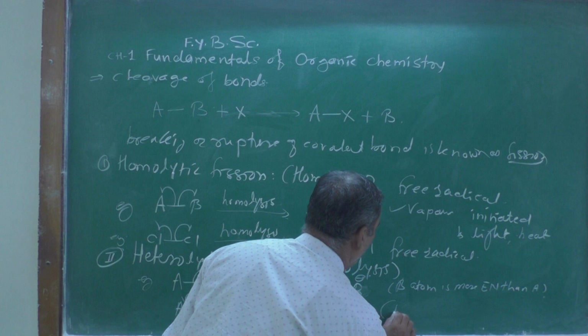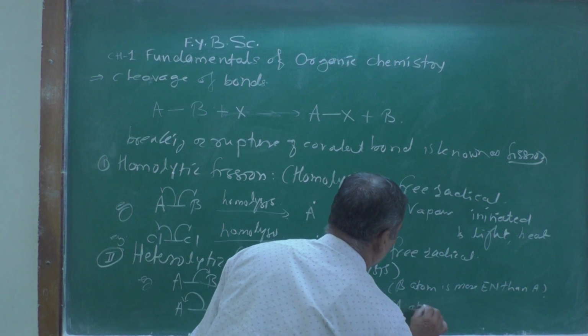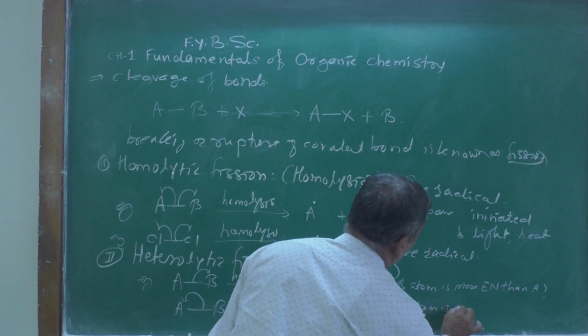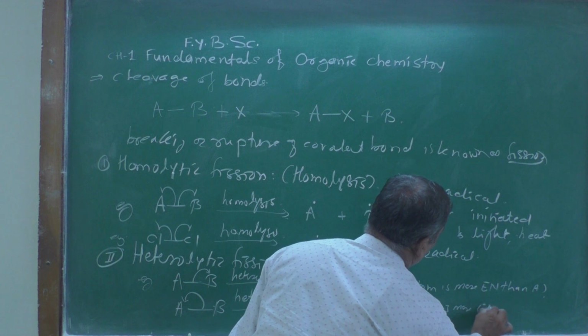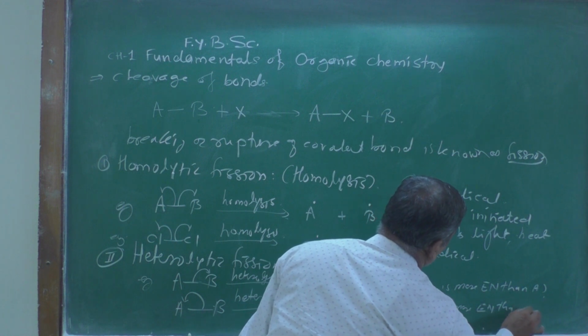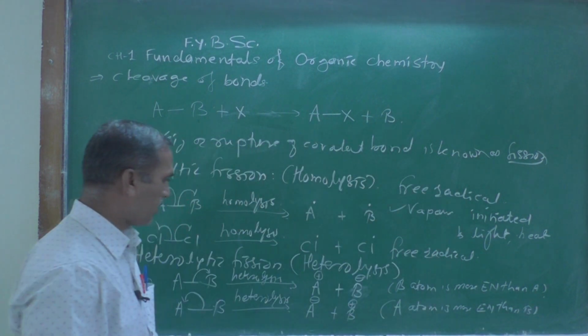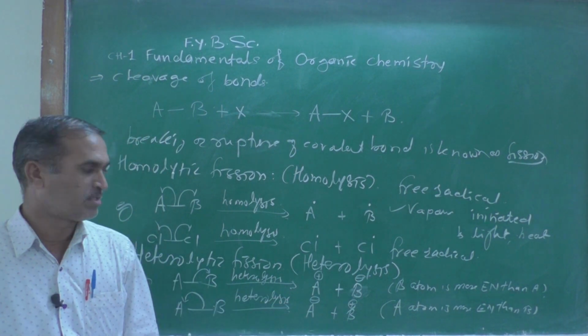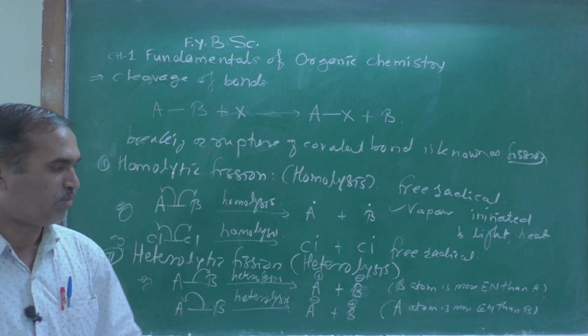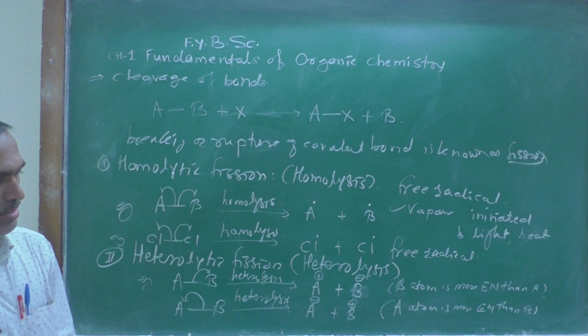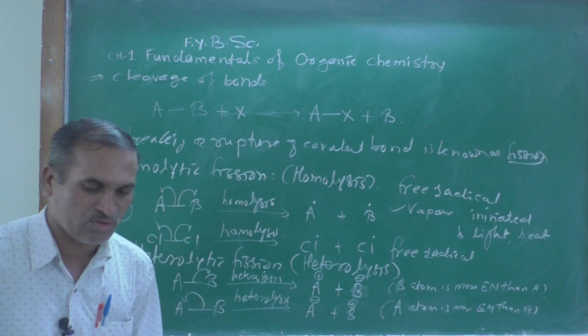Here A atom is more electronegative than B, and that's why A acquires the negative charge, whereas B acquires the positive charge.